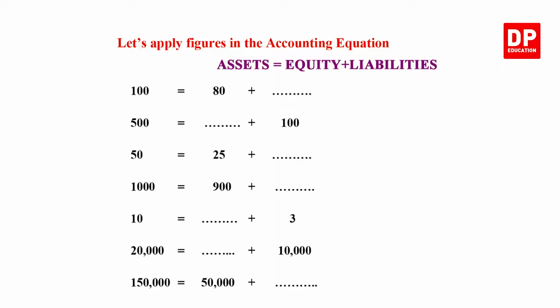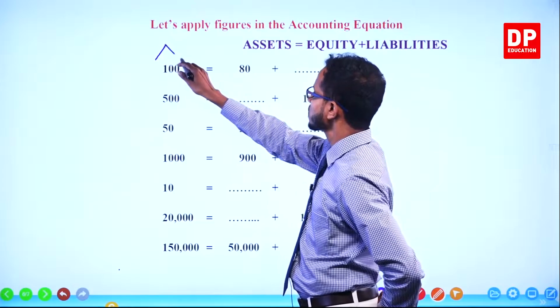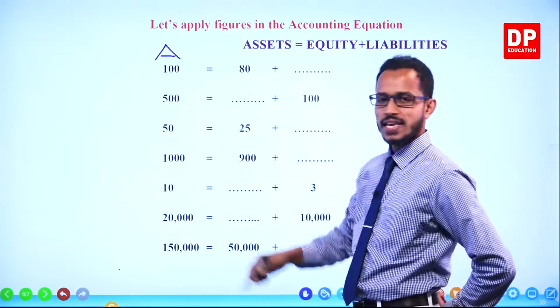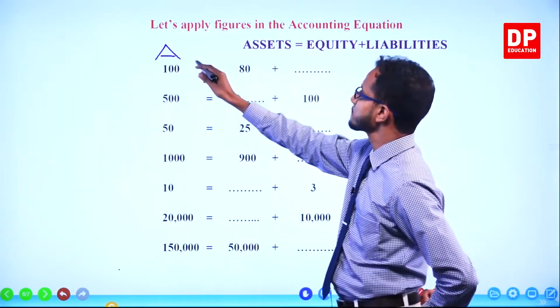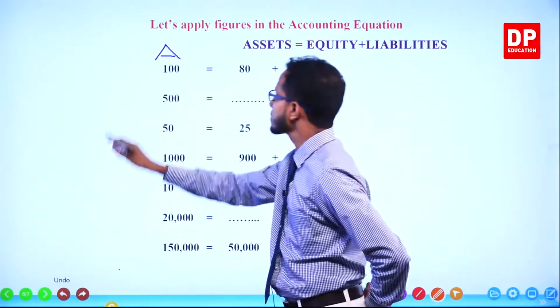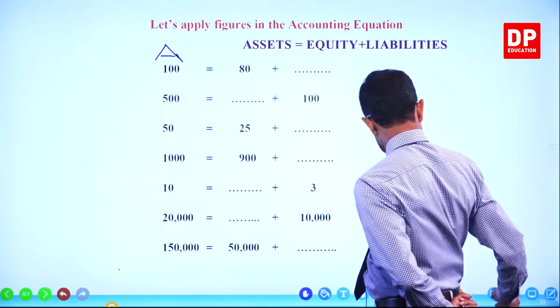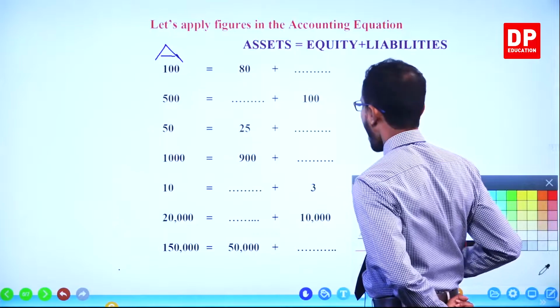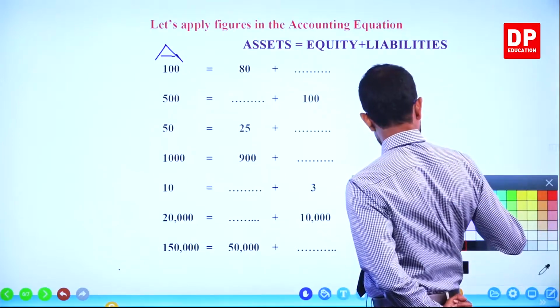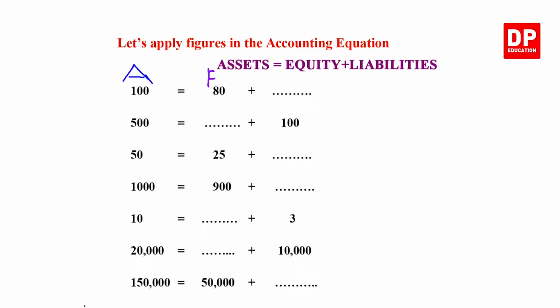Here comes. This side we have assets. I will write A for assets. Assets equals equity. I will write E for equity. Okay, these are liabilities.